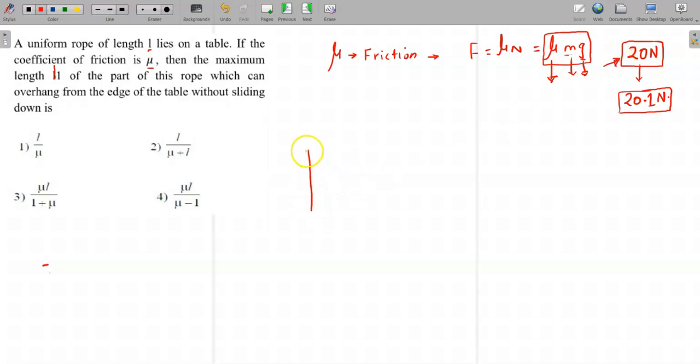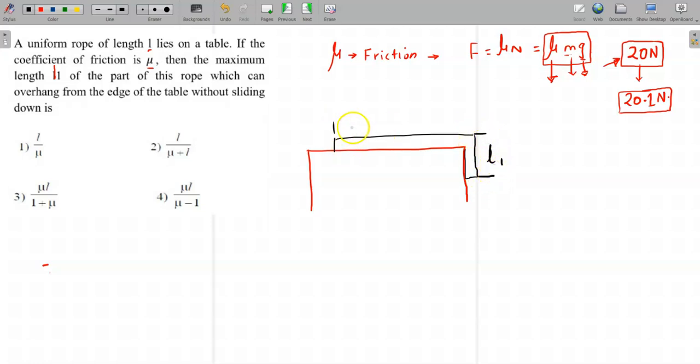I am drawing a table here, and there is a rope. The total length of the rope is L, and some portion is hanging here, and this length is L1, the hanging rope.